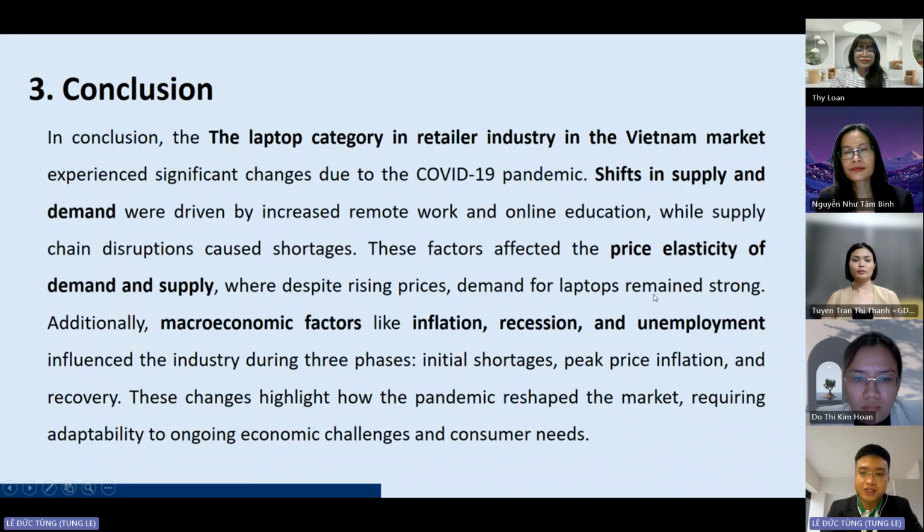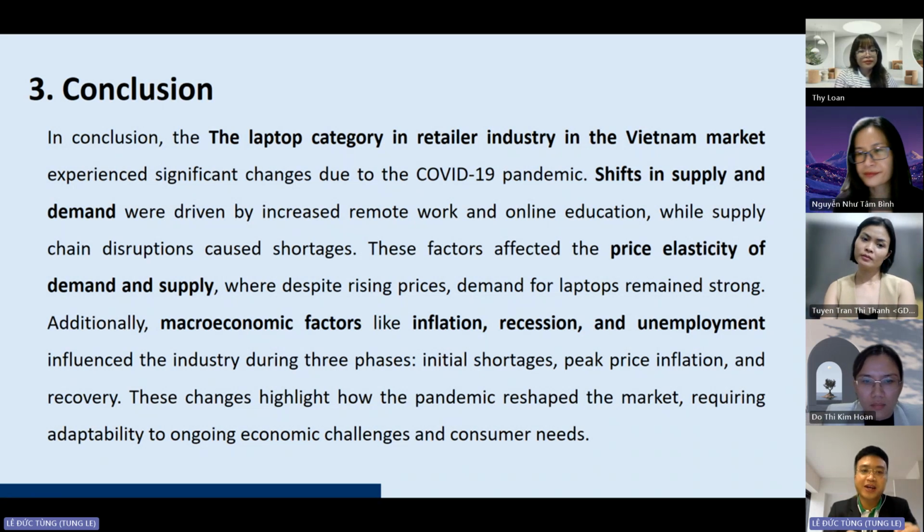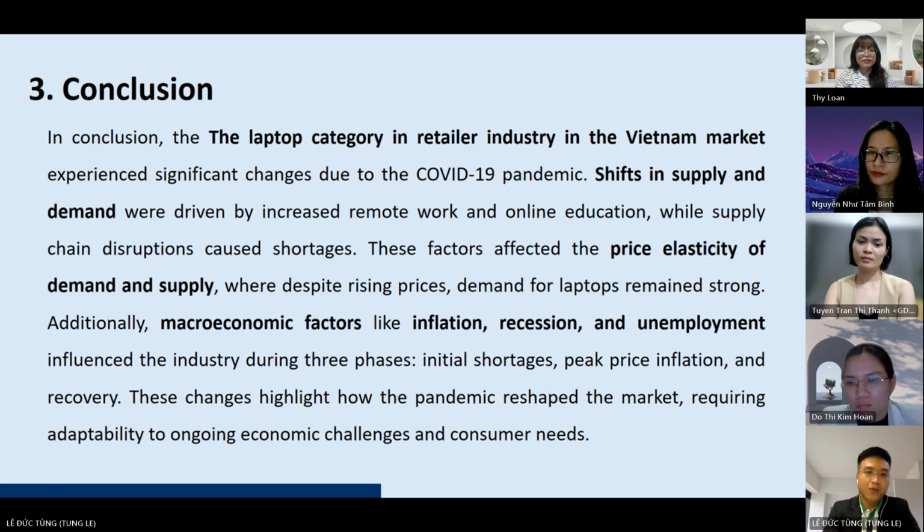In the conclusion, the laptop category in the retail industry in the Vietnam market experienced significant changes due to the COVID-19 pandemic. Shifts in supply and demand were driven by increased remote work and online education. While supply chain disruption caused shortages, these factors affected the price elasticity of demand and supply, where despite rising prices, demand for laptops remained strong.